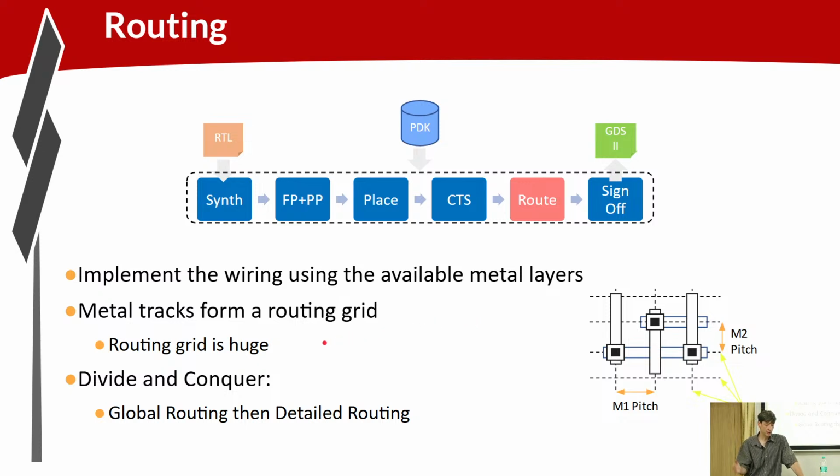The upper level metals are faster metals because they're wider, so less resistance. All these things have to be taken into consideration. So you start out with global routing, doing the large, long distance routes in the upper metals, and then fill in the more detailed routes.